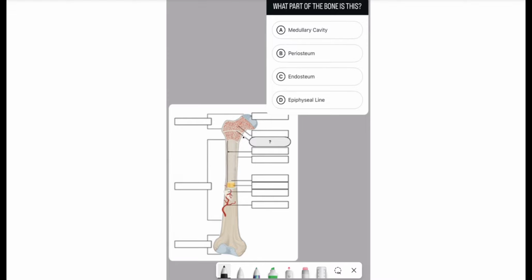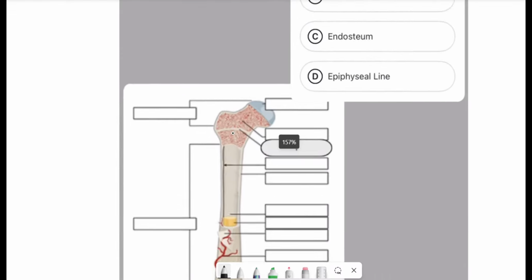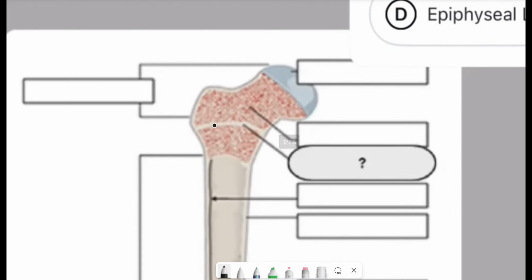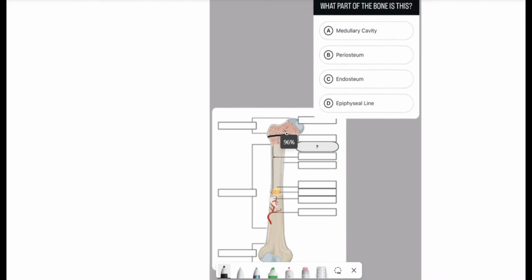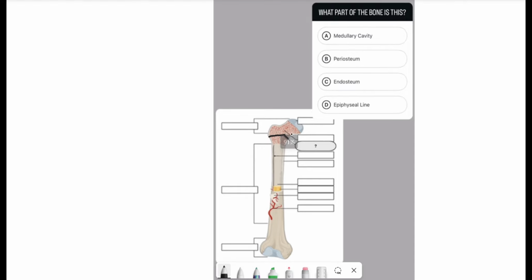Alright, so here we have, it looks like it's pointing to this line right here. So I know it's kind of close, but it's not directly pointing to spongy bone, and it's not directly pointing to red bone marrow, but I could have seen the confusion, so that's why I didn't put those options up here.